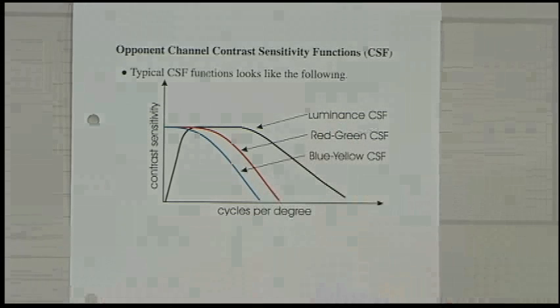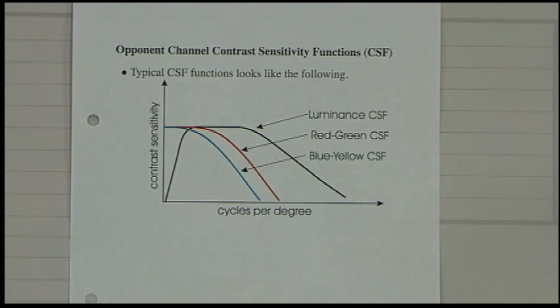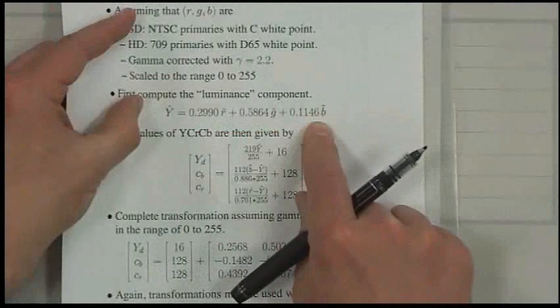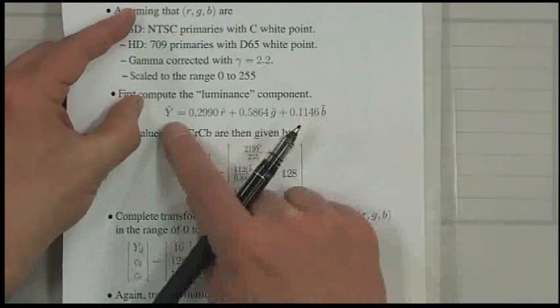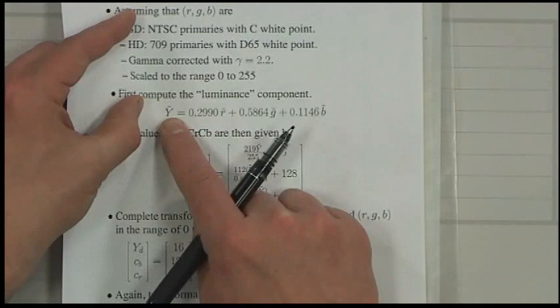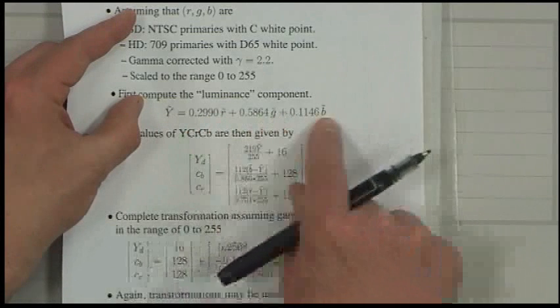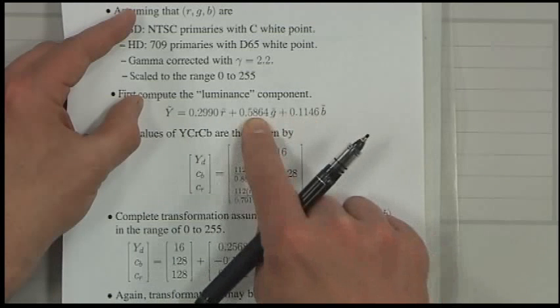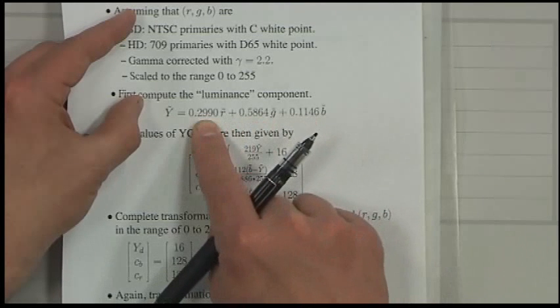So the other way of putting it is, if you go back to the equations for calculating Y, the equations for calculating Y have a relatively small coefficient for the blue channel. Even if you go back to here, these were the universal coefficients for computing the so-called Y component in NTSC video from the red, the green and the blue, and the blue coefficient is small compared to the green, which is the largest, and the red, which is next.